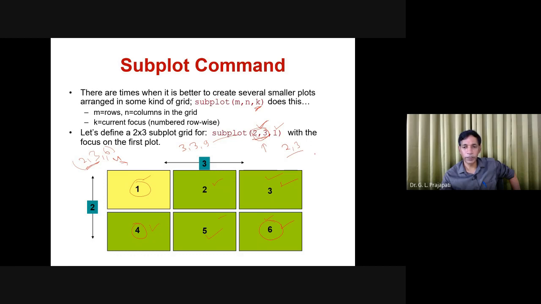If you have 2 by 3 also, this is 1, this is 2, this is 3, this is 4, this is 5, and this is 6. You can number the area like this. The grid size will not change. What you are going to change is the numbering, in which part you are going to construct the graph.